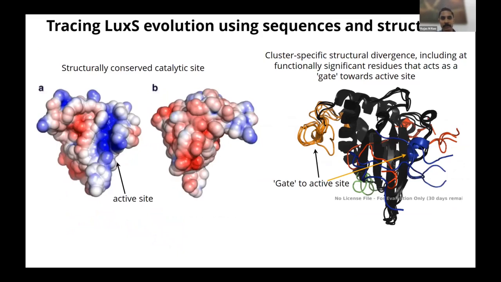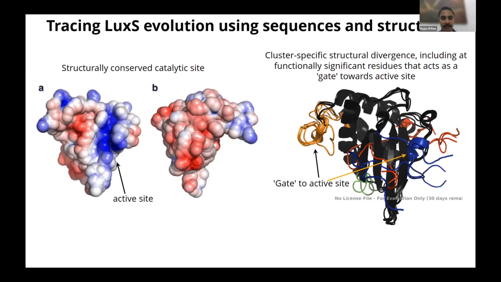But when we constructed 3D models of representatives of each cluster of LuxS sequences, we found that while there is a large amount of conservation, many regions have also diverged structurally. They were structurally quite different, which also includes certain significant regions, such as one particular region between the residues 125 to 131, which acts as a gate to the active site.